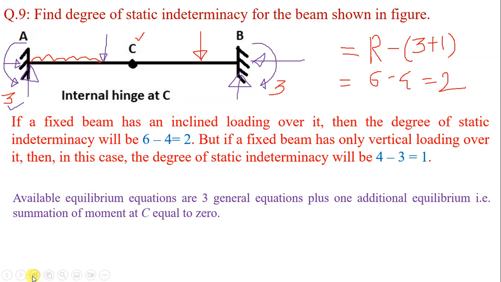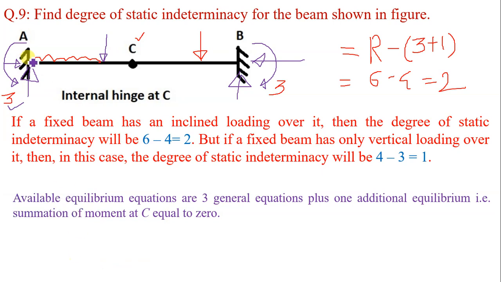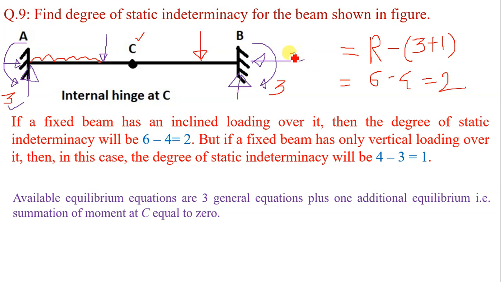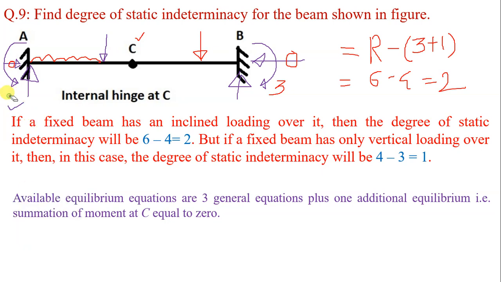Now what will happen? Because of this loading, there will be no horizontal reactions developed in the beam. So this is equal to 0, this is equal to 0, and hence I will remove this horizontal reaction.